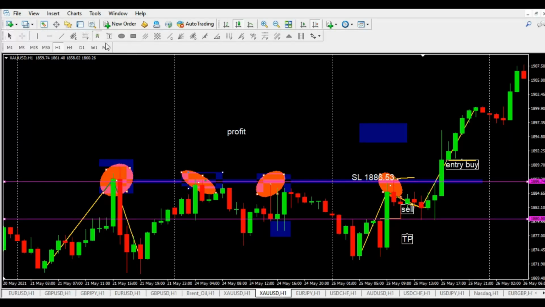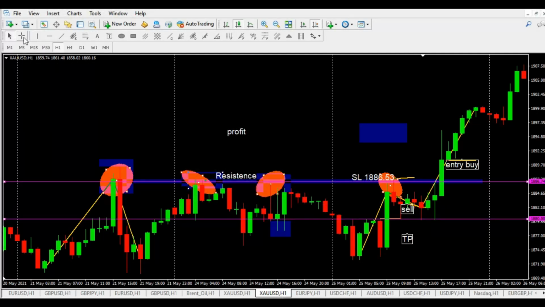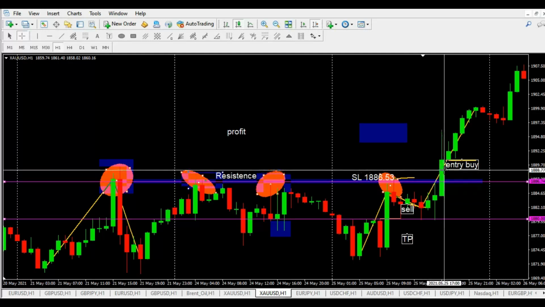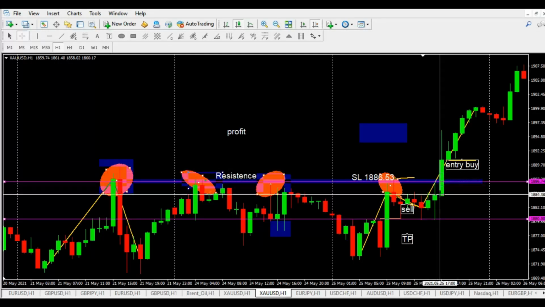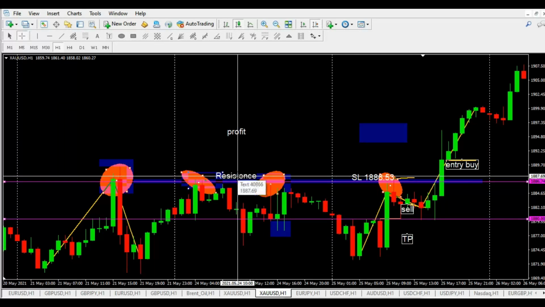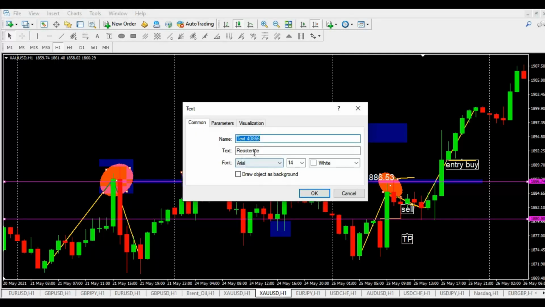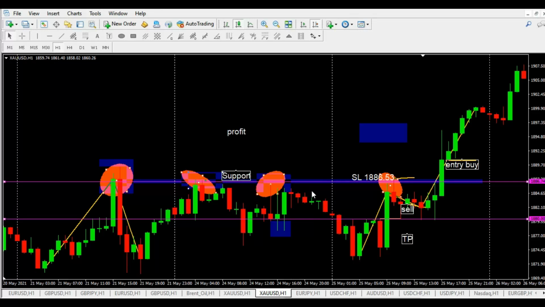This was first a resistance, because this resistance was broken out by bullish. This is a breakout, so the position of resistance changes. Remember, if the resistance breaks out, then that position changes to support.